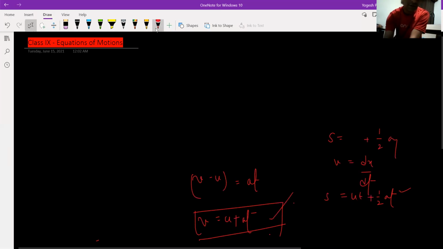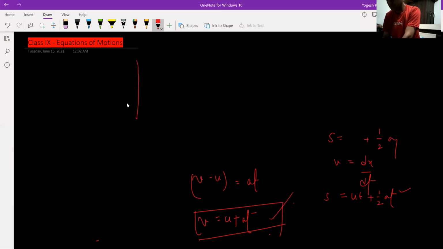So here I can draw a VT graph, and this will be a straight line. Now, the initial velocity you can consider to be u, and the final velocity is considered to be v.